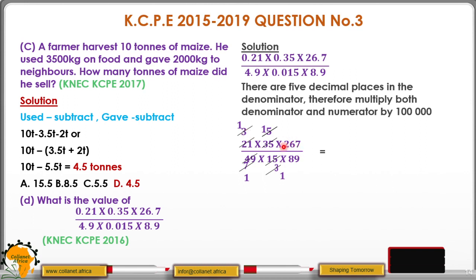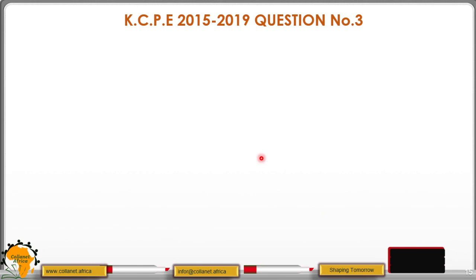So you are left with 267 divided by 89. So 89 divided by 89, you get 1, and 267 divided by 89, you get a 3. So the answer is 3. So the choice is C as the correct answer.